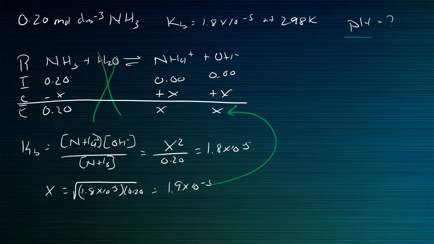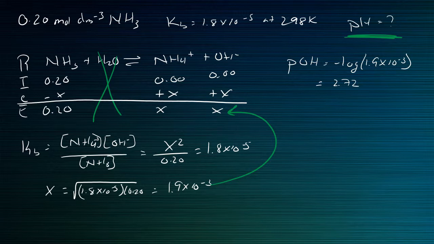But that's not what we're asking. We're asking for our pH. You can solve it one of two ways, depending on what you want to do. You can take the negative log, so pOH equals the negative log of 1.9 times 10 to the negative 3, and that's going to give you 2.72.